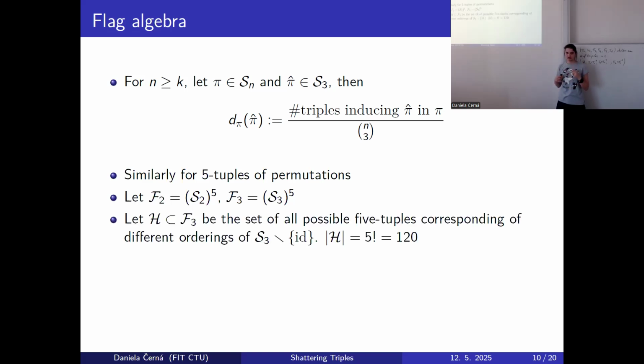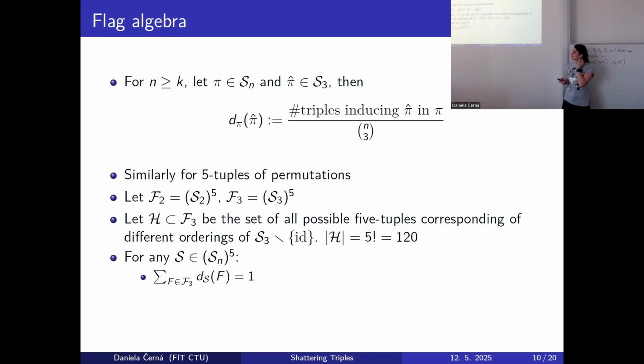And now what we want to actually see, if we want to calculate the shattering, is we want to see all possible 5 tuples of permutations that contain each one a different permutation from S3 minus identity. So we have 120 different patterns we can see.